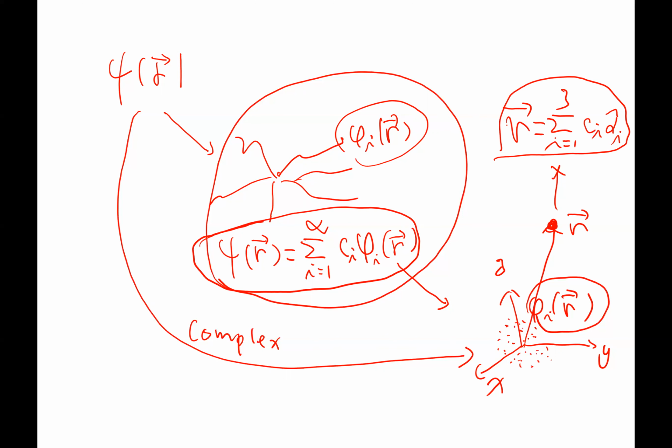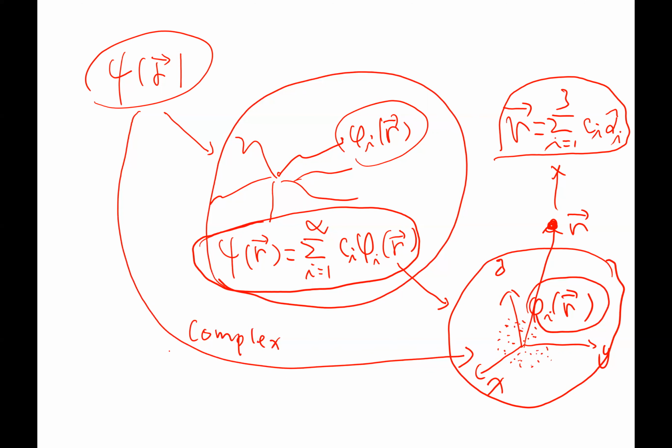However, for quantum mechanics, if you express the wave function directly in this kind of coordinate system, it becomes very complicated, right? So that's the reason why we introduce another coordinate system we call the abstract coordinate system, which is defined by phi_i. Once we do this, you can see this becomes very simple. That's the basic idea, all right?